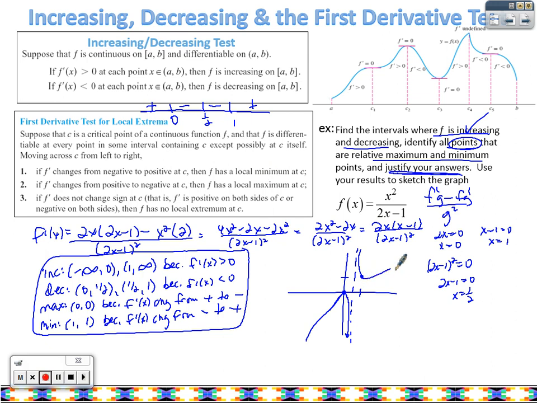So I go like that. So that's my graph. Kind of crazy looking, and it's a sketch. It's not perfect. If we wanted it to be more accurate, what could we do? Yeah, plug in points, find points. But I'm not asking you to do that. We're just sketching. All right? So there is that.